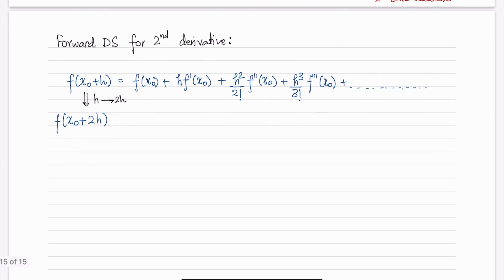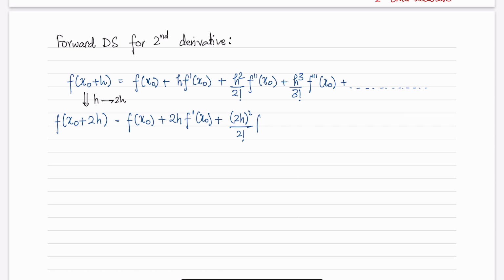What we will get on the right hand side is that the first term will remain as it is, the second term will become 2h times the first derivative, and similarly we will get (2h) square over 2 factorial times the second derivative, and similarly (2h) cube divided by 3 factorial times the third derivative, and so on. So now we have two different equations.